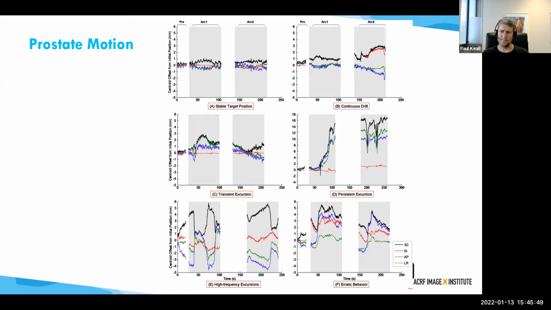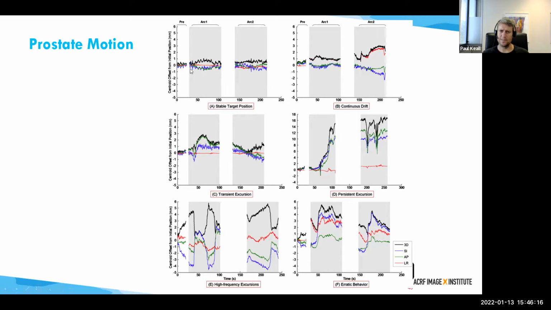There are other organs in the body treated with radiation therapy, and the most common cancer in men is prostate cancer. With prostate cancer, there's still motion, though it moves in quite a different way, with different characteristics from, for example, lung and liver cancer.